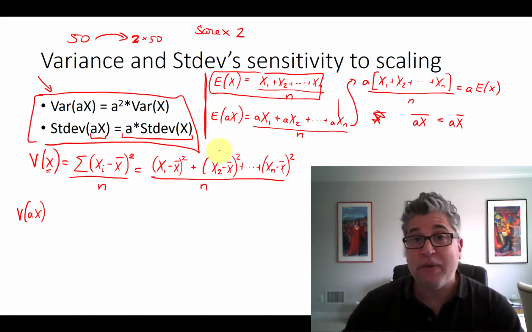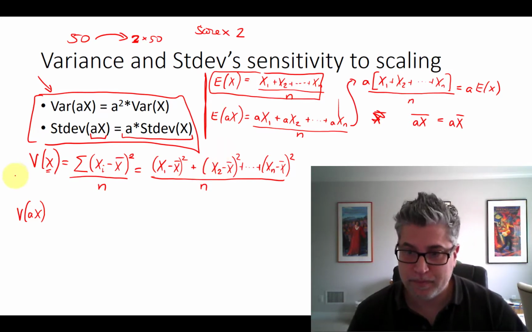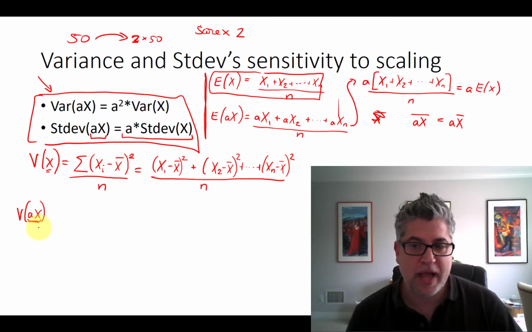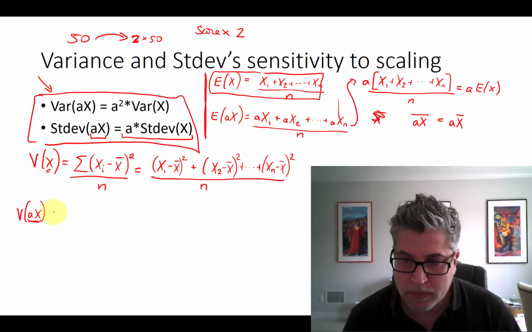All right, so that was my sidebar. Let's go back to variance now. We want to know what is the variance of our rescaled data, this ax. So everywhere that I saw an x before, I got to replace it with ax because my data set is now changed. It's been updated, multiplying by 2 or by 12 or something.